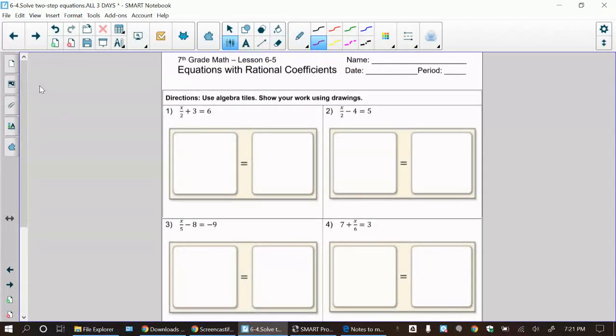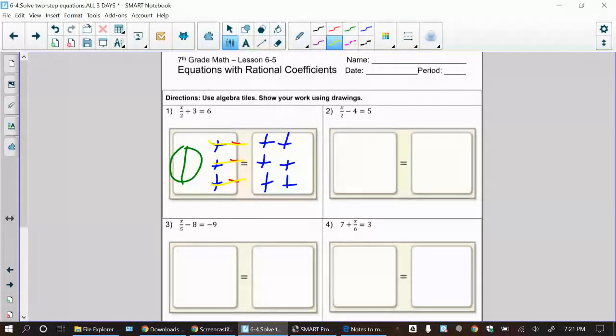All right, using algebra tiles, show your work. Well, we know the first thing, we have a half, and then we have 3 pluses. Remember, if we have 3 pluses, how are we going to get rid of 3 pluses? With 3 negatives. Those make our zeros. They cancel each other out.